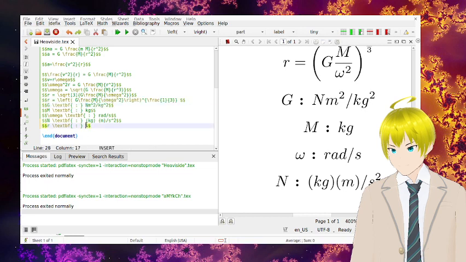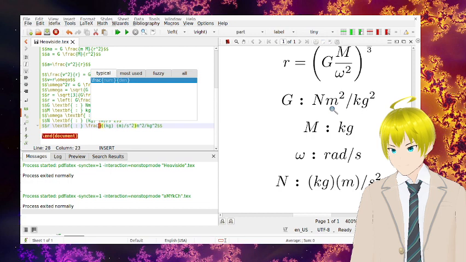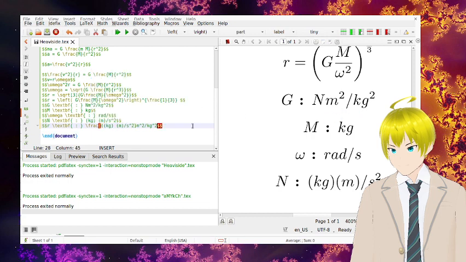And then we're going to plug in the units for M. And then we're going to plug in the units for omega squared on the bottom. So, yeah, let's do it like this. Let's do a fraction here. Okay.